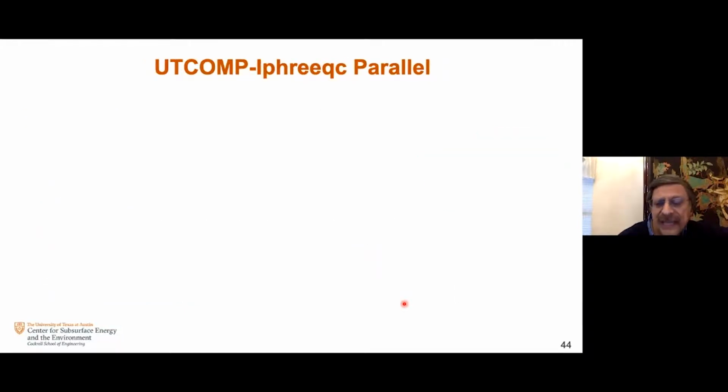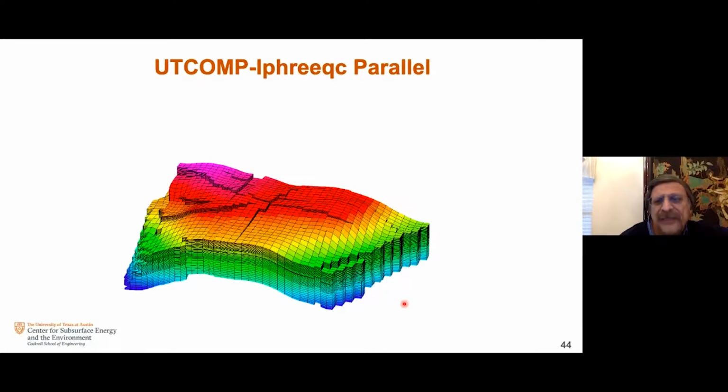So such computations are very expensive, because when you have geochemistry involved with your reservoir simulation, the geochemistry is going to dominate basically the computational effort. Two areas that I would say are very expensive are geochemistry and geomechanics.